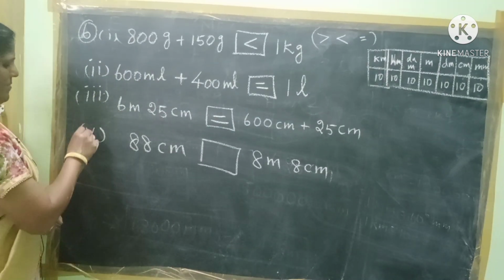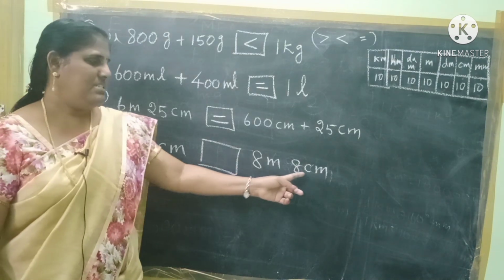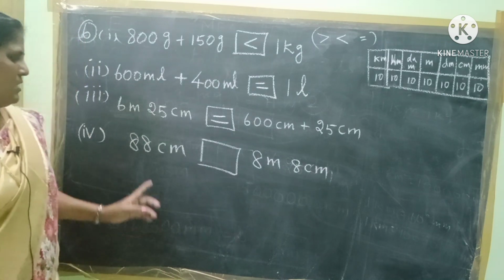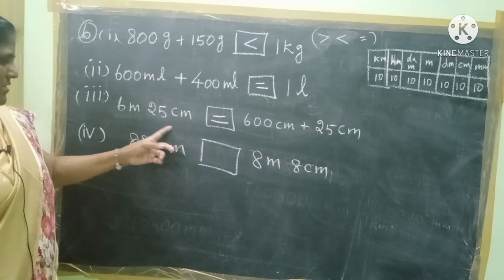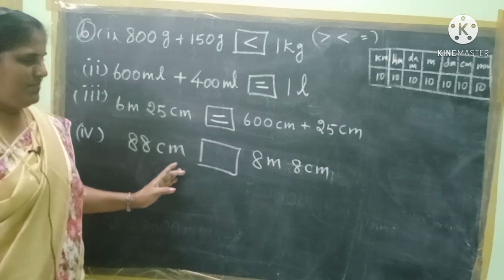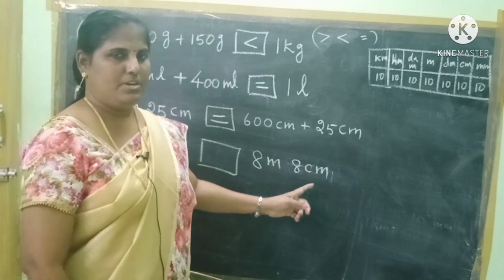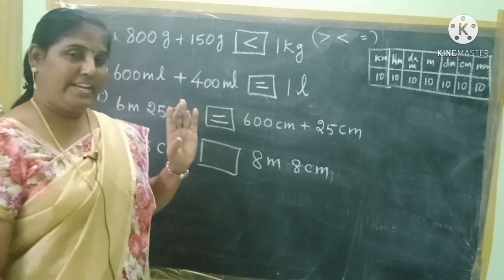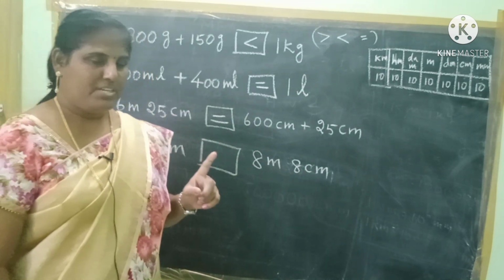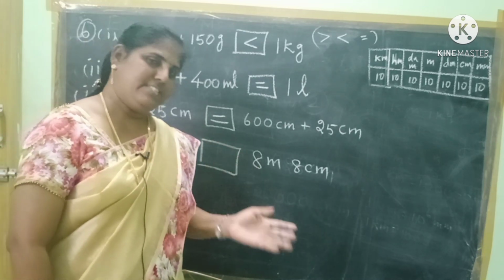Fourth sum. 88 centimeter, 8 meter 8 centimeter. So 88 centimeter, here we need not change anything. The full answer is 88 centimeter only. 8 meter means how many centimeter? 1 meter equal to 100 centimeter, so 8 meter equal to 800 centimeter.